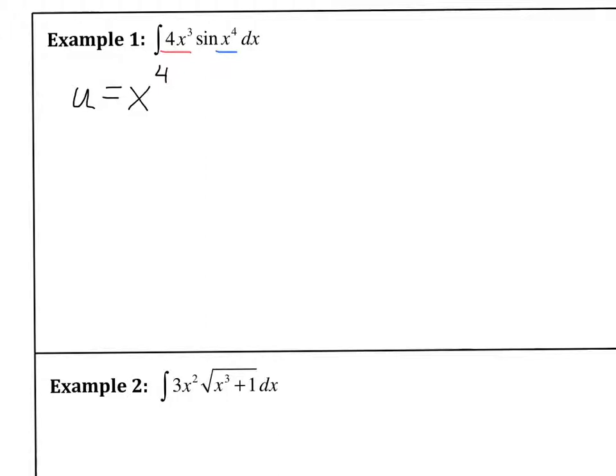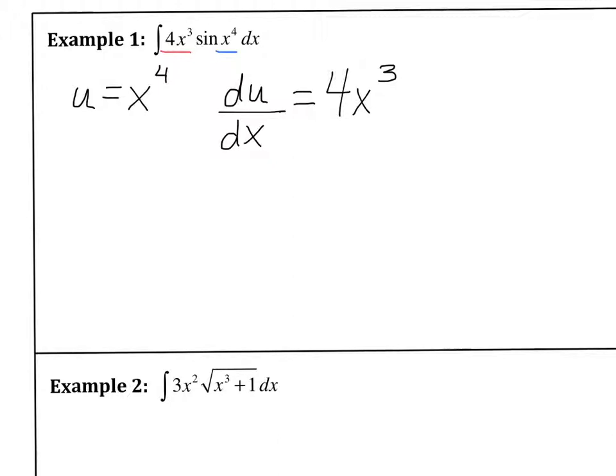In this next step, we acknowledge that the derivative of function u with respect to x, because it's a function of x, is exactly what I see in red, 4x cubed. Now we are going to try to transform this integrand from an expression that uses x's to an expression that uses u's.